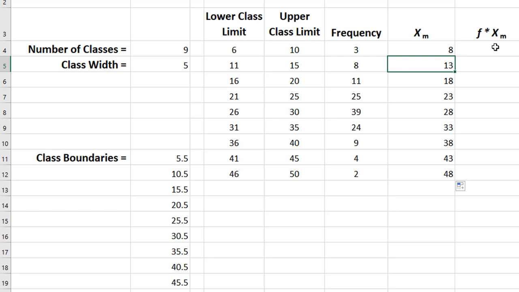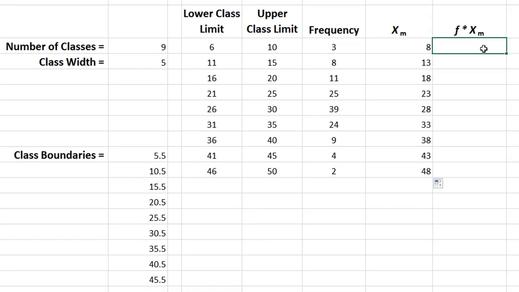Now, in this column, what I want to do is multiply each frequency times each class midpoint. And by the way, back in the day, what we call this column has changed. We now call it the class midpoint.